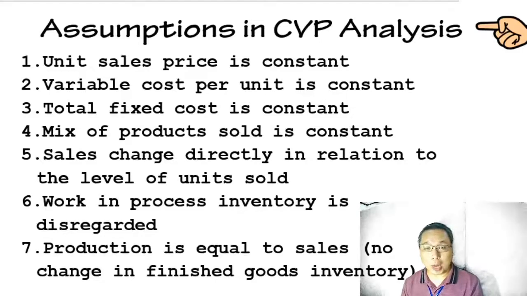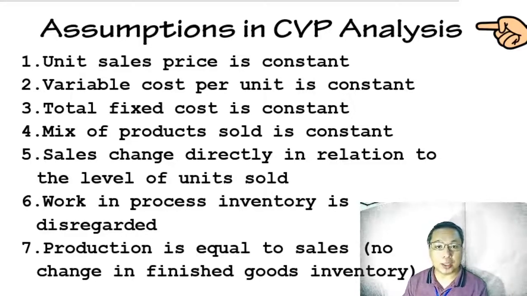That's the reason why ang ginagamit nating information sa CBP ay ang kanyang variable cost per unit, hindi yung total variable cost. Dito din ginagamit is the total fixed cost kasi yan ang constant, no? Mas ginagamit yan instead of the information na unit cost or unit fixed cost or fixed cost per unit.